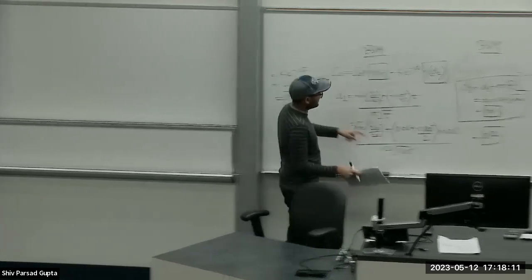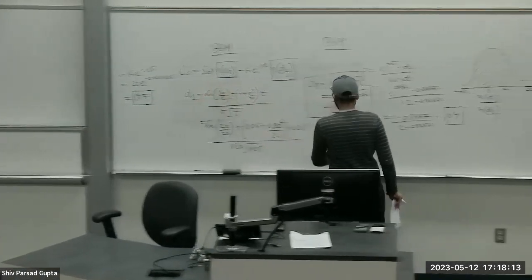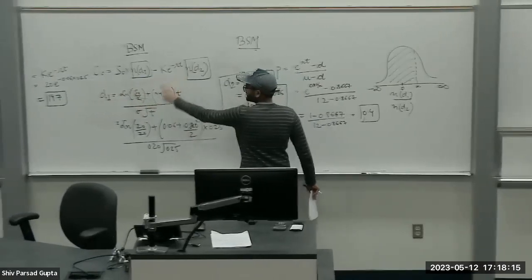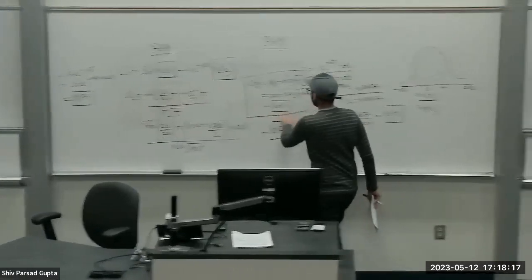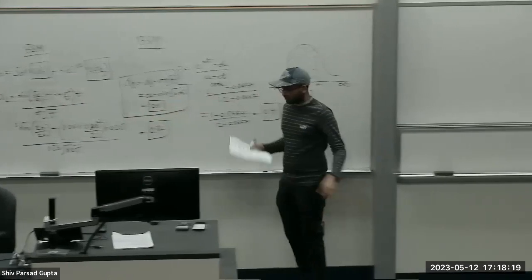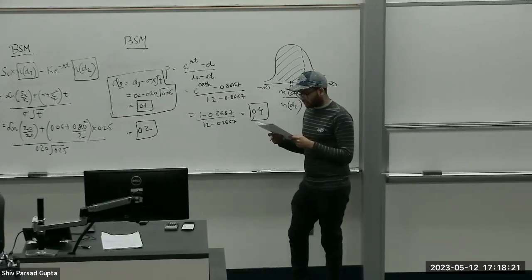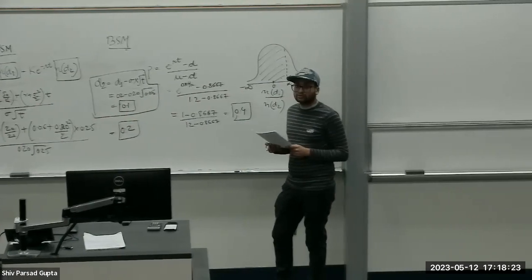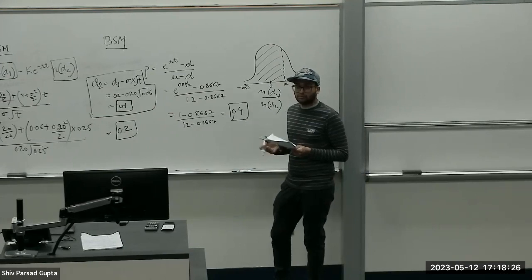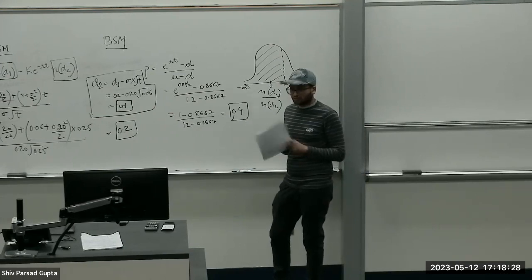So accordingly, it will be 20 into N(0.2) minus 19.7 into N(0.1). So the correct option will be option number B. Is it clear? Okay.